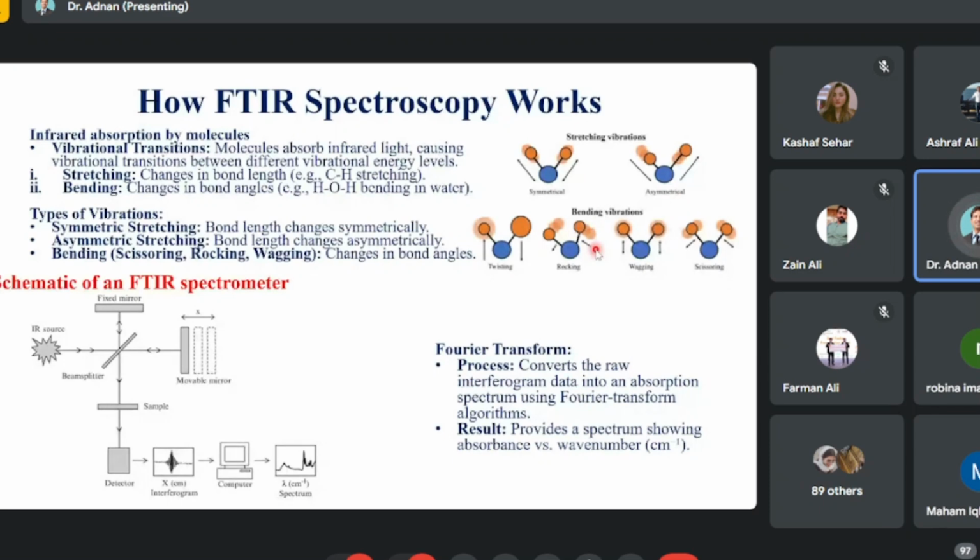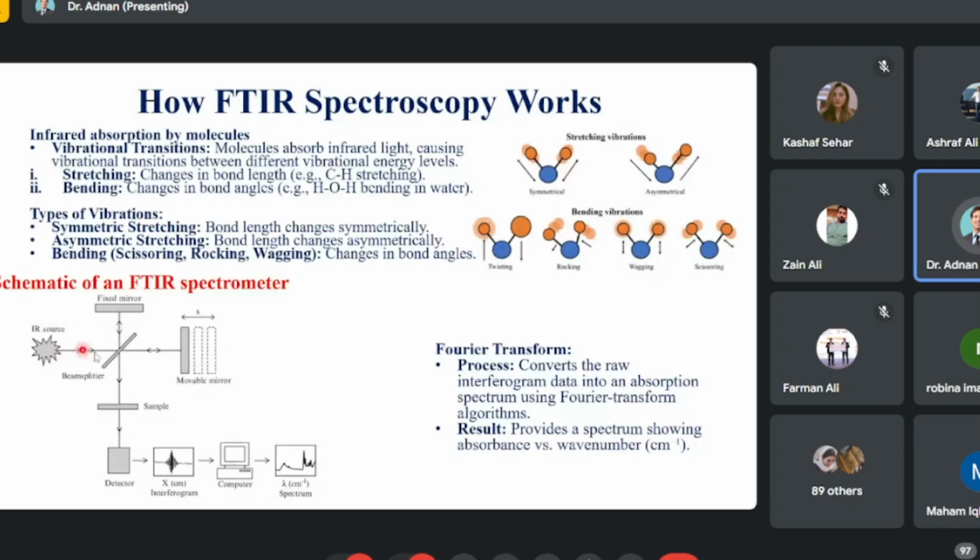And this is the schematic diagram of an FTIR spectrophotometer. Actually, there is a difference between IR and FTIR, and in the coming slide I will show you the difference between an IR spectrometer and FTIR. This one is the FTIR, where there is an IR source.